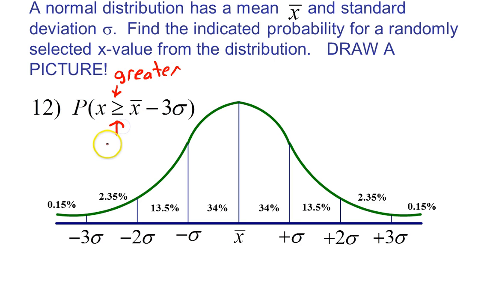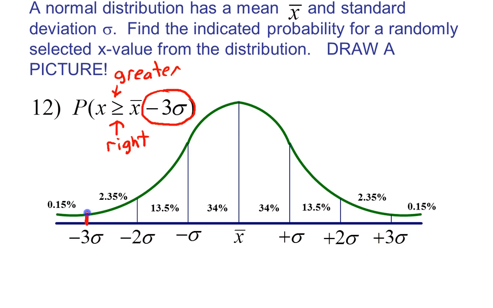Greater means to the right. All right, to the right of what? Focus on this: the mean minus 3 standard deviations. That just means starting from the mean, go 3 standard deviations over.